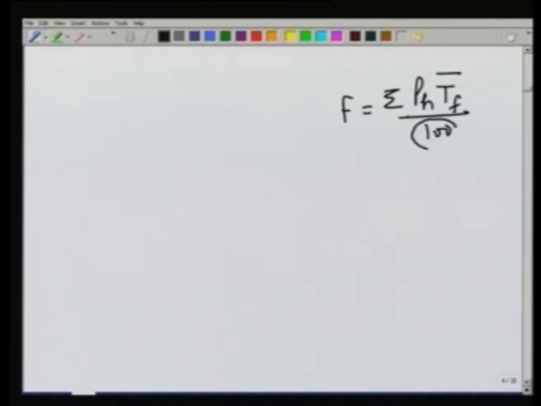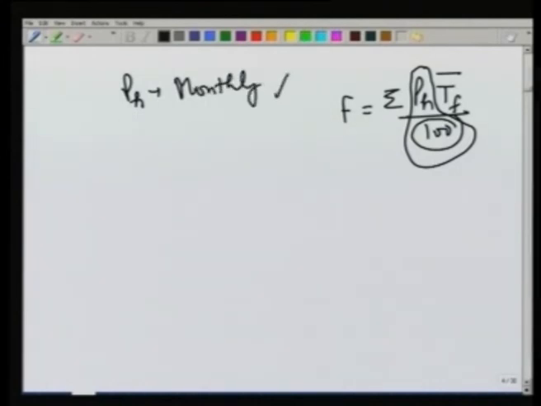This 100 is there because pH is a percent. So, this pH by 100 is a fraction. The definition of these terms is pH is the monthly percent of the annual daylight hours.